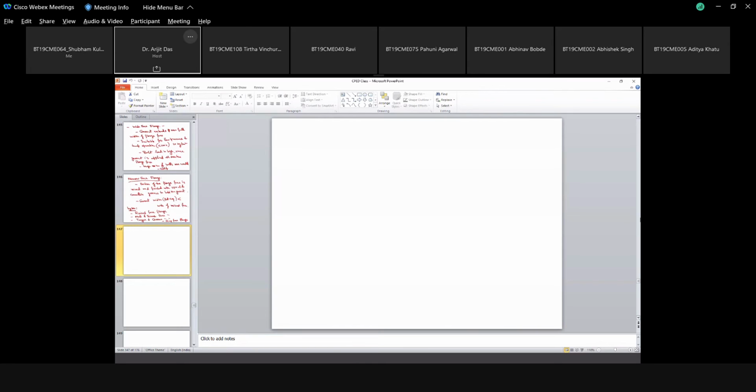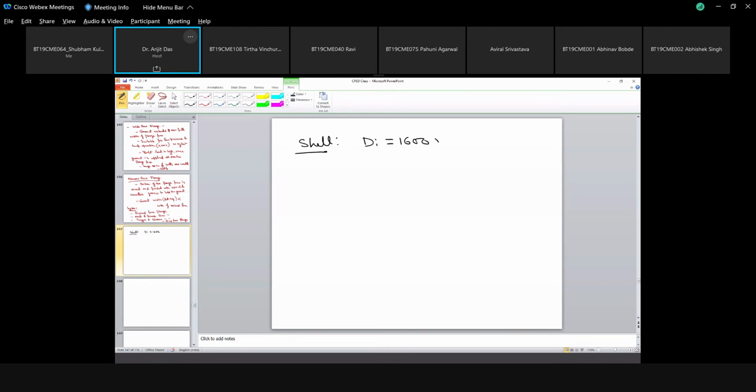So I am solving for the given values. From the problem, for the shell, it is given that the inside diameter of the shell is 600 millimeter and shell thickness is 20 mm.